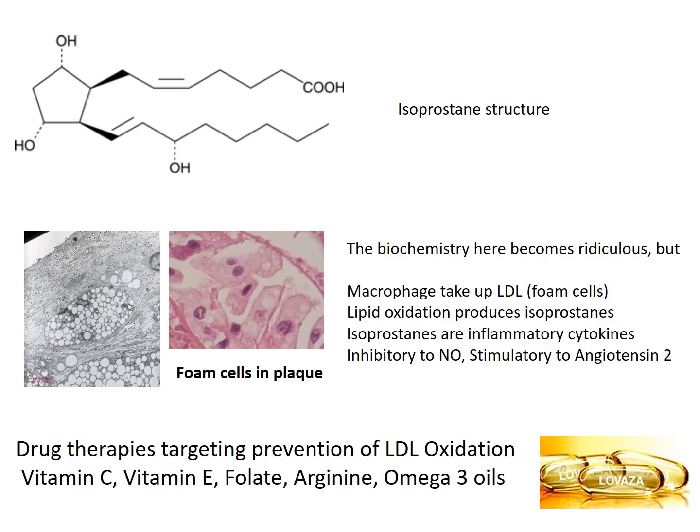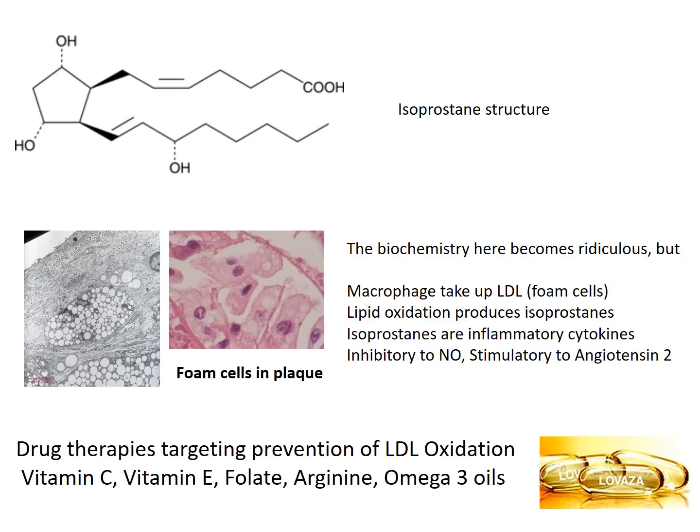That top structure there called the isoprostane, those isoprostanes, and similar molecules like it, are breakdown products of fat, so they're oxidized fat, and those isoprostanes can act as inflammatory mediators. So there are some drugs and vitamin supplements that one can take which have been shown to be beneficial in inhibiting lipid oxidation.